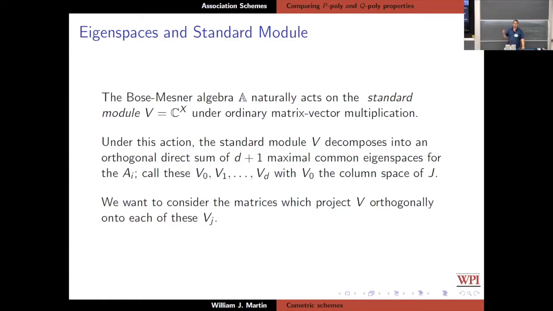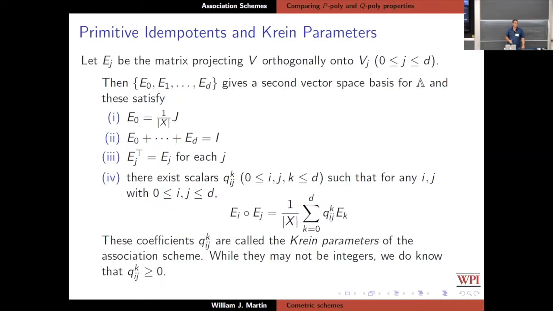So now let's consider the matrices that project orthogonally. Think about the spectral decomposition of each of the A_i's. It's a linear combination of orthogonal projections onto its eigenspaces. These projections onto the distinct eigenspaces we're going to call E0 up to E_D. Because of the p_ij^k, the j-th eigenvalue of the all ones vector is the valency of the jth graph.